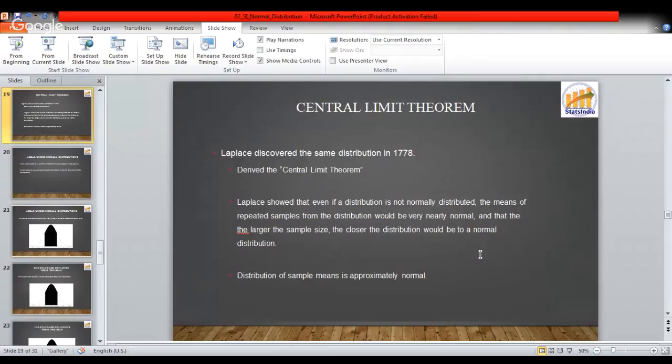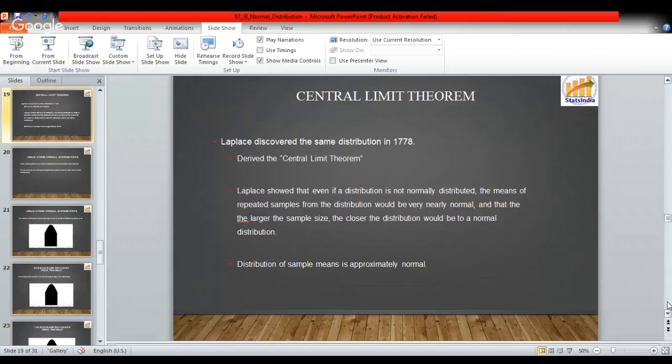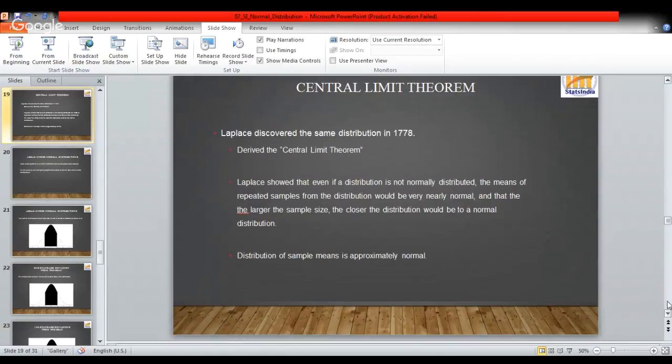But if, instead of taking single units, we take the mean of a sample, then its distribution is approximately normally distributed. This is the central limit theorem, which is very important in statistics.